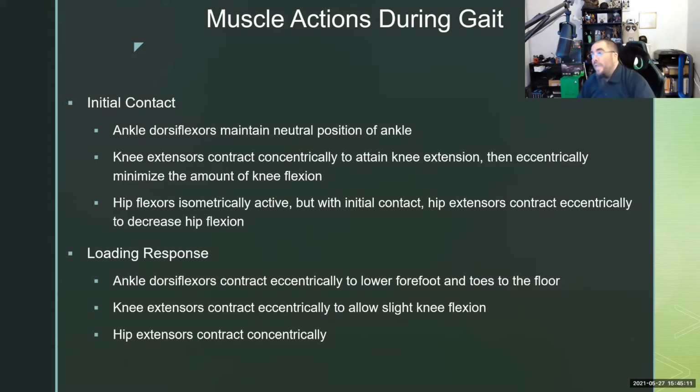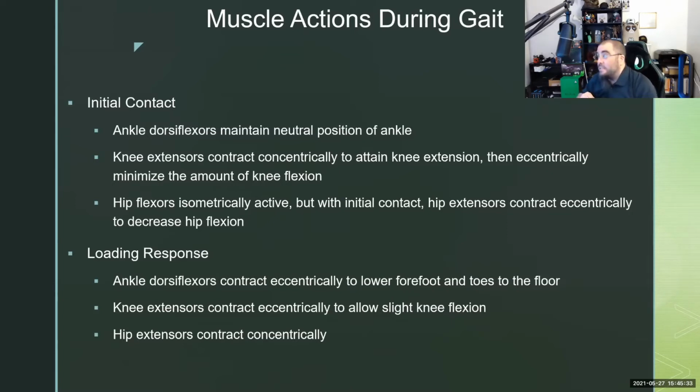So when I get initial contact, which is when my foot hits the ground, my ankle dorsiflexors are going to try to maintain my foot in neutral in order for my foot to hit evenly. My knee extensors are going to slowly contract concentrically to bring my knee into extension.